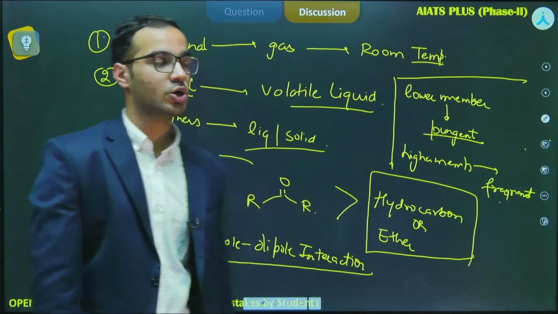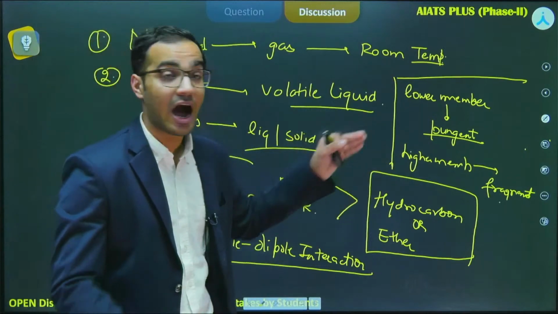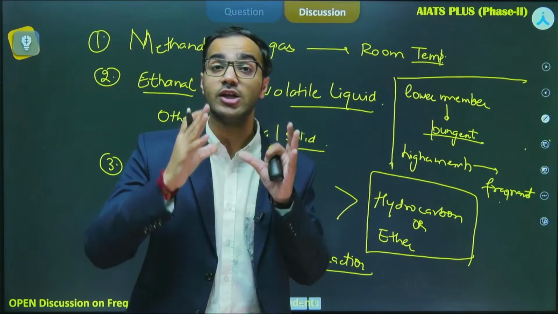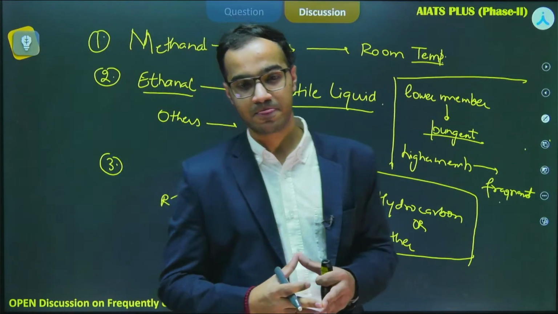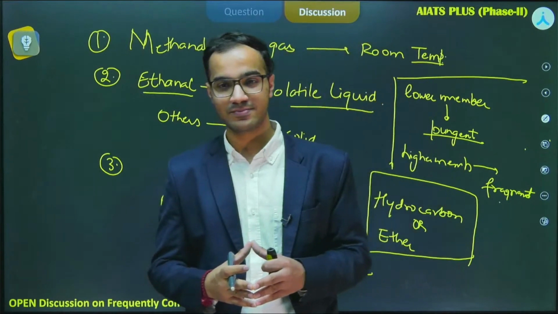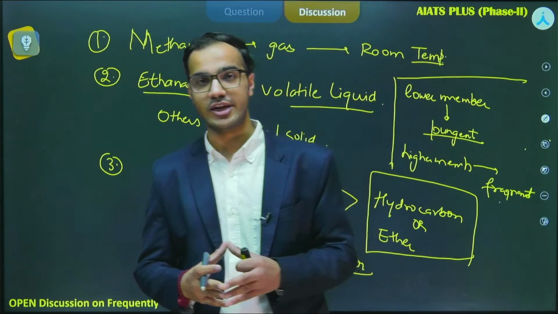I hope this is clear to you all. This is because the higher members of aldehydes and ketones are usually used in perfume bottles. I hope this is clear to you. Shall we move to the next part?